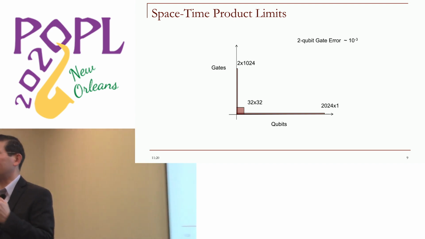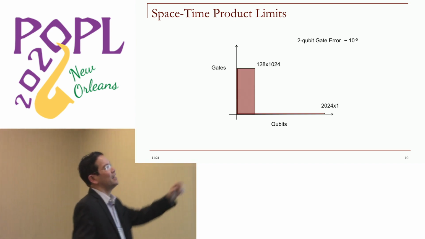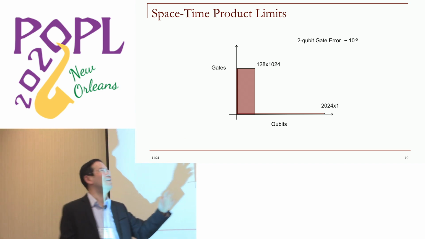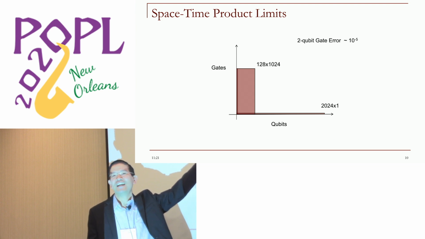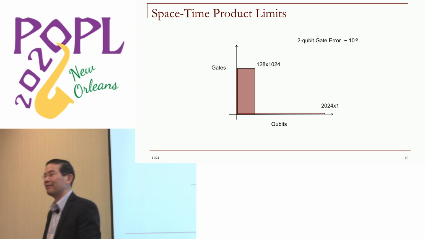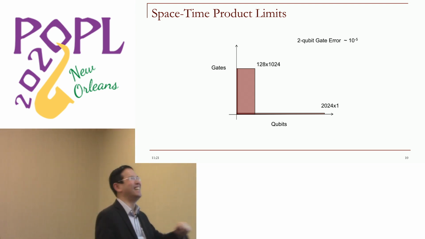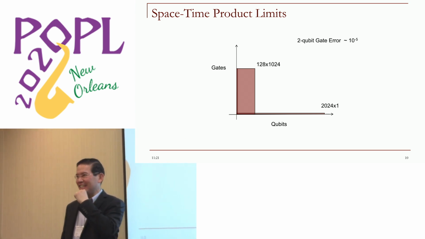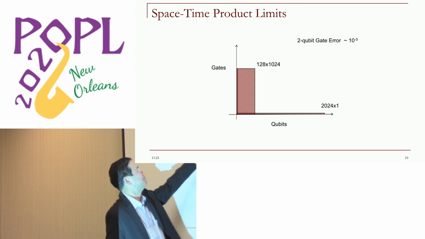Optimistically, you might get a machine in the next, I don't know, 4 years, let's say, that has an error rate of 10 to the minus 5. And I think our Google colleagues like to say they're going to get here real soon.